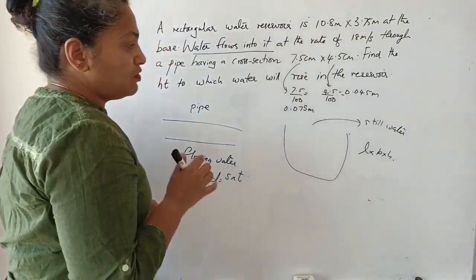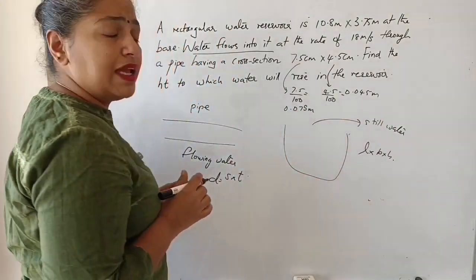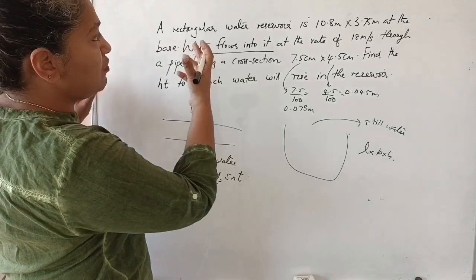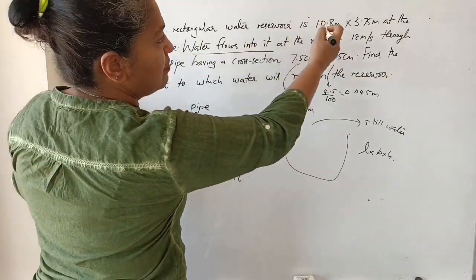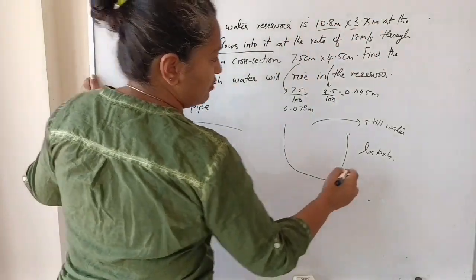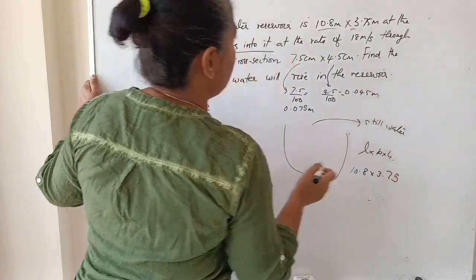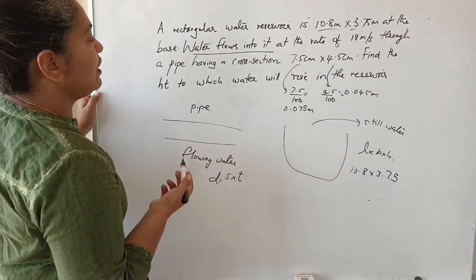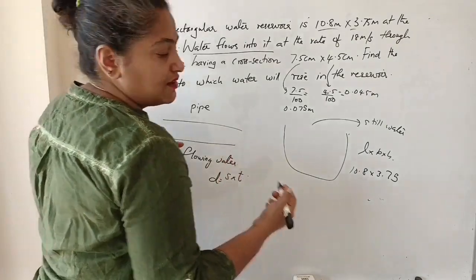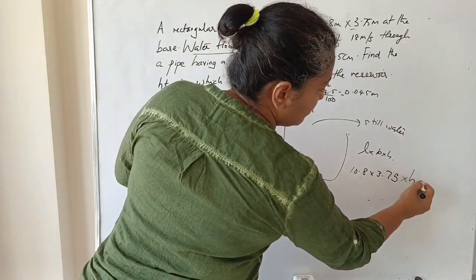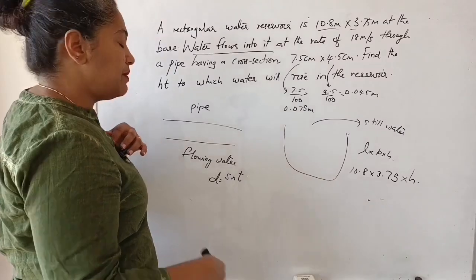Okay. Now let us get on to the sum. Still water, L into B into H. So the reservoir, rectangular water reservoir, has a base of 10.8 into 3.75. So 10.8 into 3.75, and we need to find the height to which water will rise in the reservoir. So into H, because H is what we need to find. So keep it there.